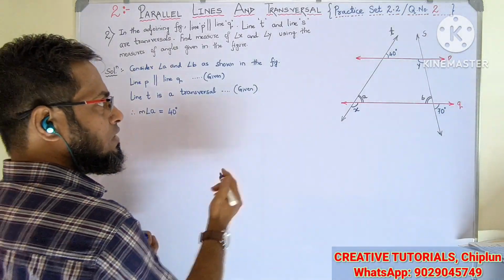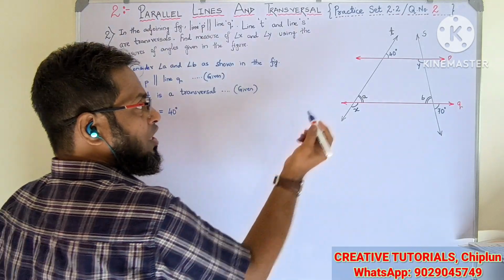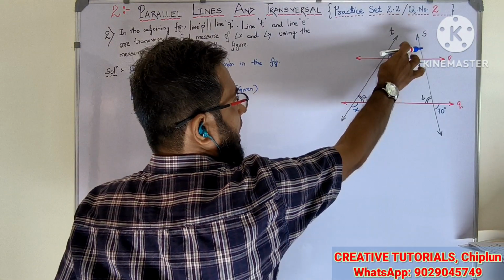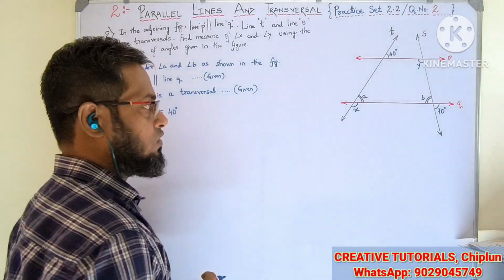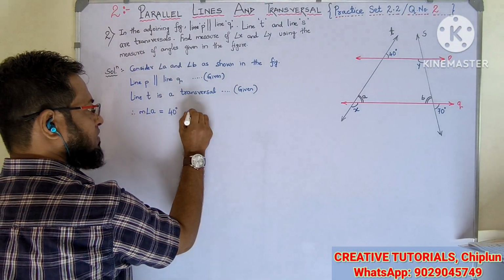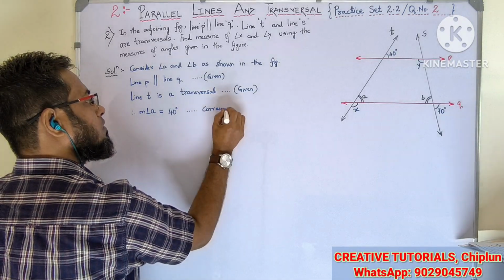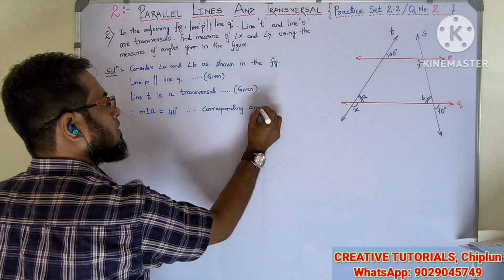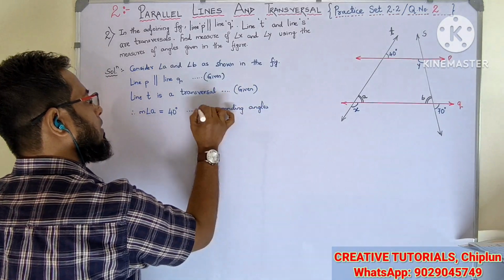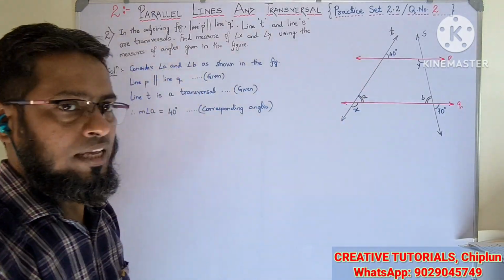Now you can see that measure angle A is coming out to 40 degrees. Why? Because this angle and this angle make one corresponding pair of angles. So we will write the reason: corresponding angles.